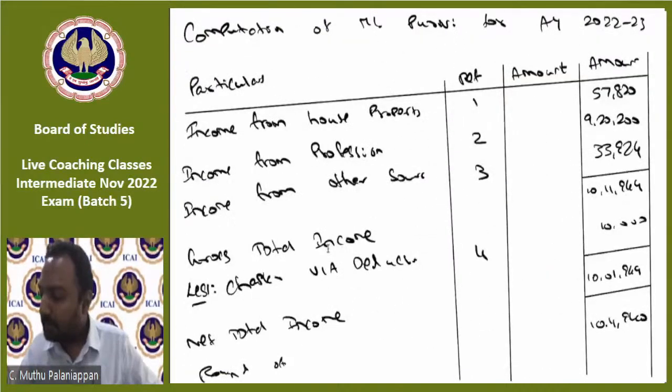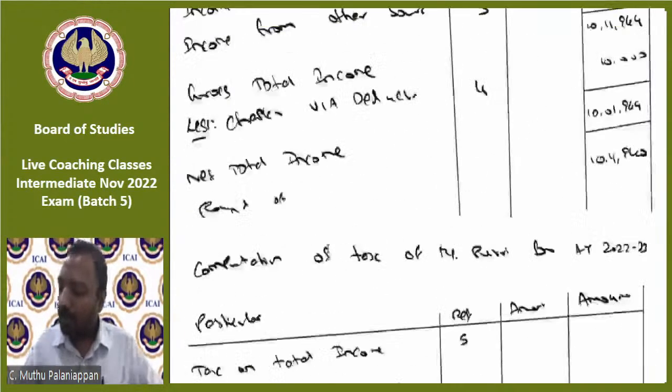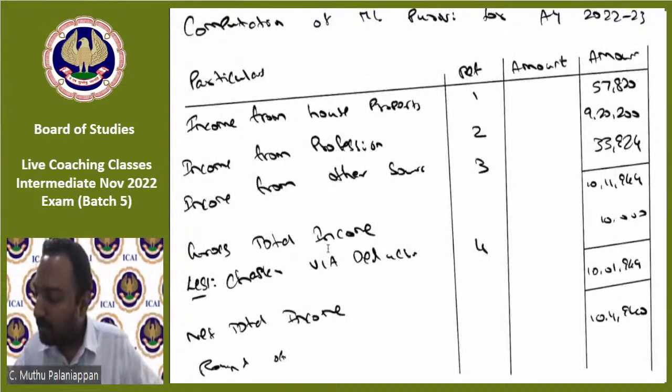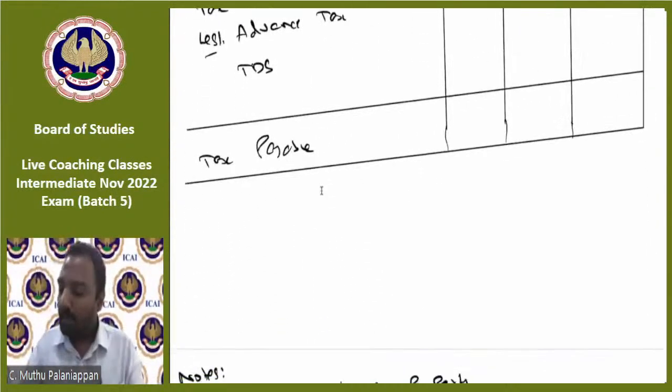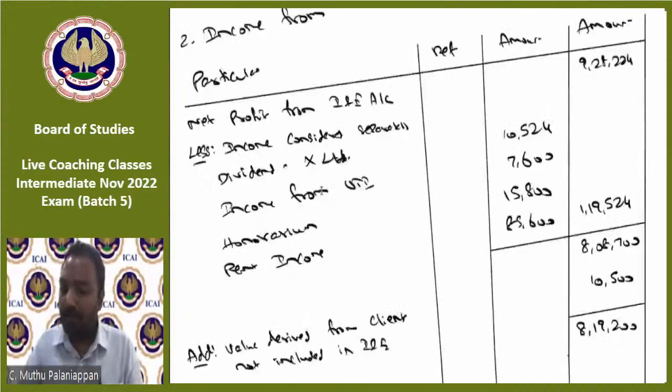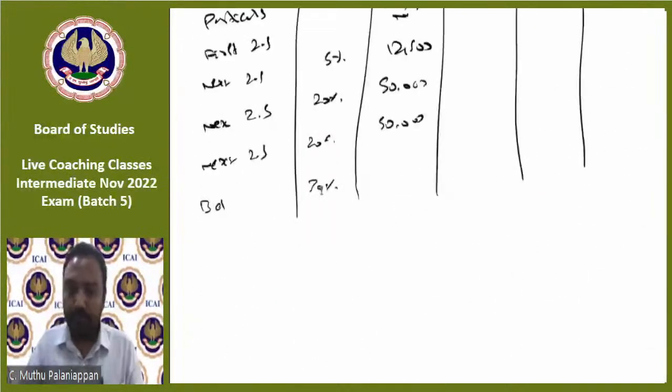10 lakh 1,940. So balance 1,940, you calculate 582.